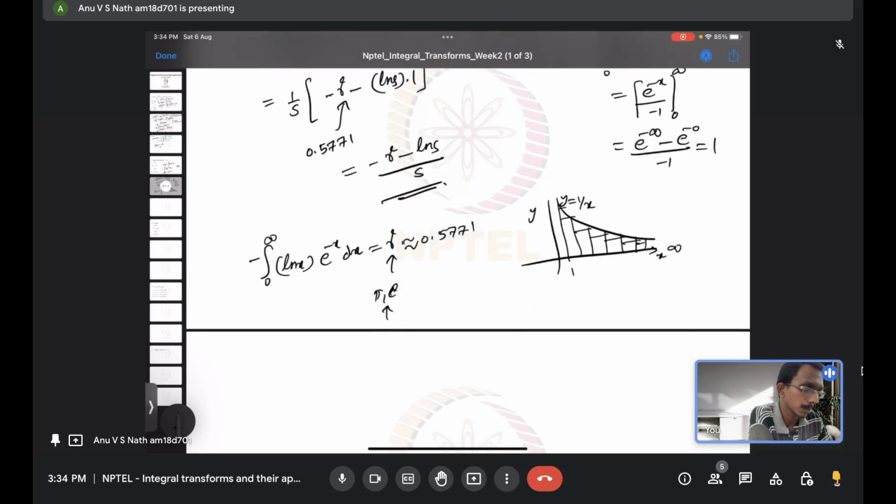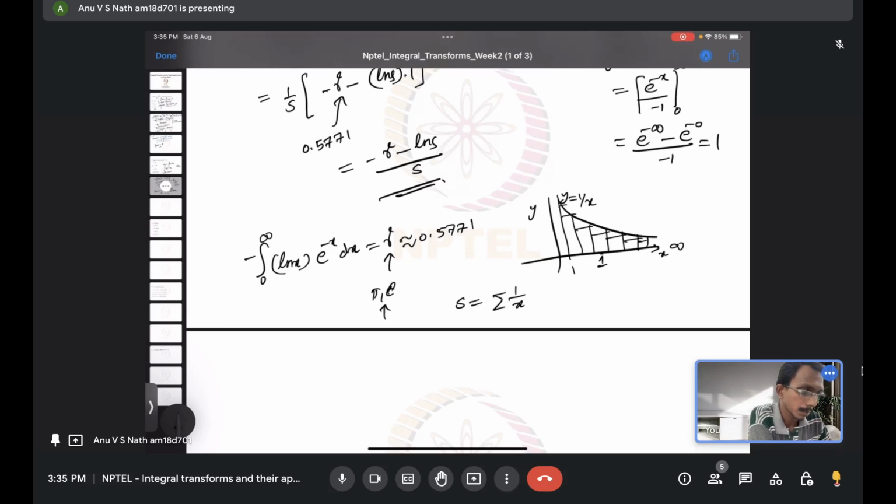The step size is h. The specific value of gamma will appear if you use a step size of 1. So you use the summation of 1 by x from x equal to 1 to infinity, which approximates this area. But the actual area we know is the integral of dx by x from 1 to infinity.